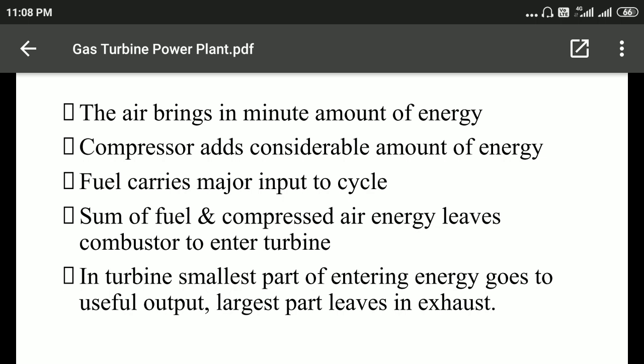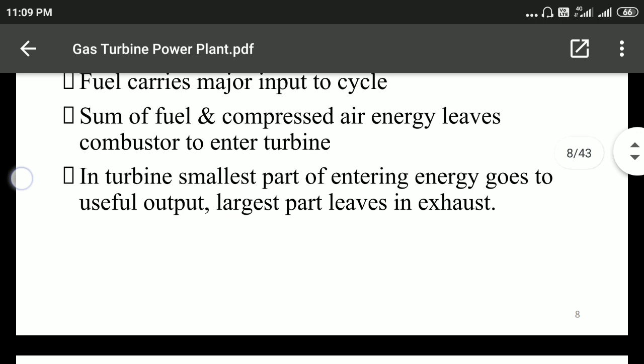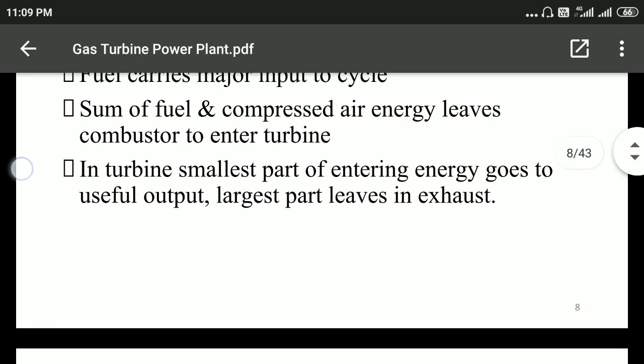Fuel carries the major input: in the combustion chamber, the fuel added to the air is again an input to the cycle. The fuel and compressed air energy leave the combustor to enter the turbine, meaning ignition takes place and the exhaust gases leave the combustion chamber and enter the turbine. In the turbine, the smallest part of the entering energy goes to useful output, and the largest part leaves in the exhaust.